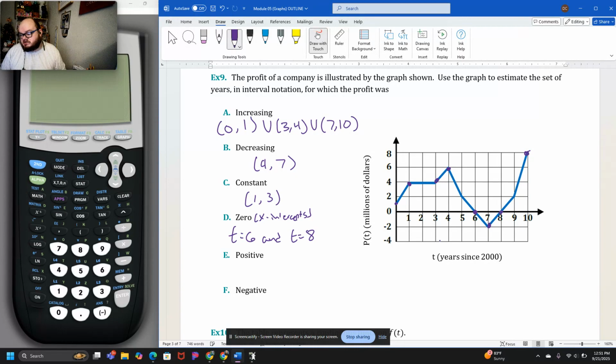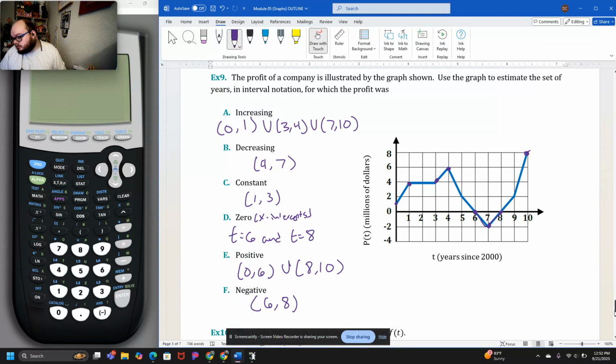It's t because it's times. It's a times axis. Looks like we're positive from year 0 to year 6. And then what? From years 8 to years 10. And our profit was negative from years what? 6 to 8, right in here. Okay.